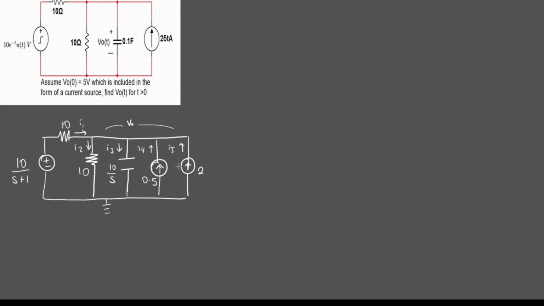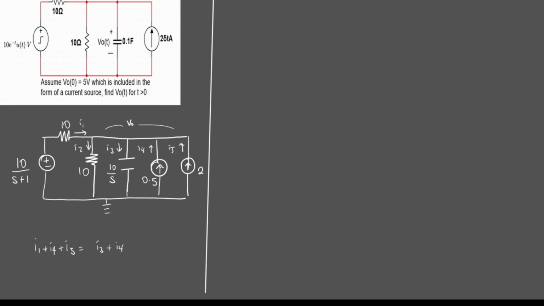You could combine these to 2.5 if you wanted to make your solving a little neater, but it doesn't affect much. Still the same mathematics you're doing. So we now know that I1 plus I4 plus I5 is going to equal I2 plus I3. Simple and short.